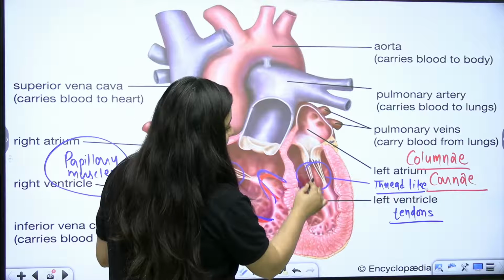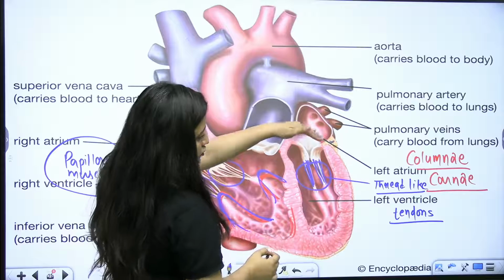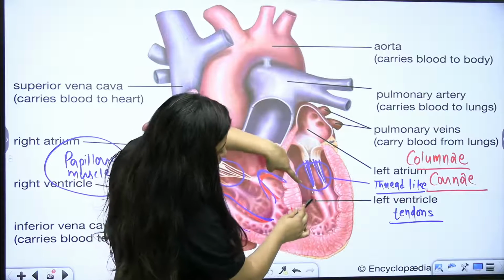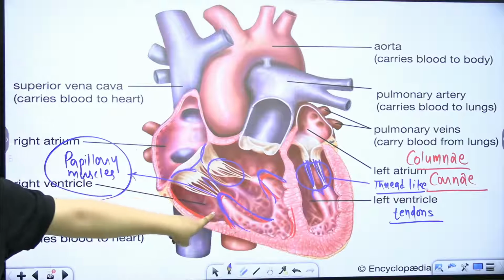They are attached to these flaps. And can you see that they are also attached to this papillary muscle? This is important.